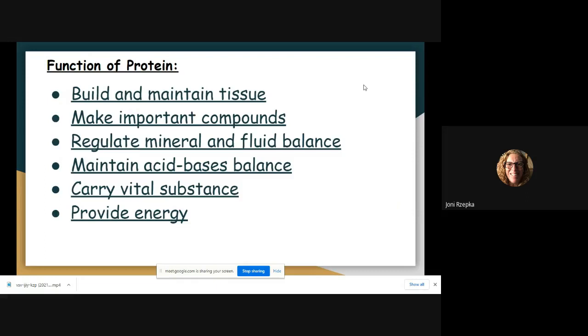Where it says functions of protein, that's where you probably need to be putting 6 bullets underneath that header, because build and maintain tissue is the first function, and we're going to put 4 bullets there. So that's a little mess up on my part. I didn't leave a little spot for that. So again, where it says functions of protein, underlined, bolded, you need to put these 6 under that header.